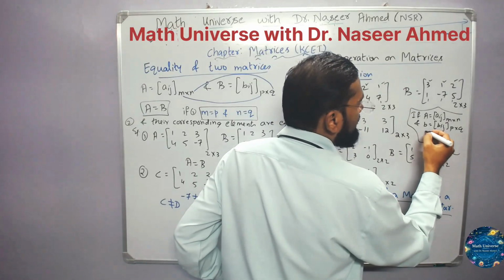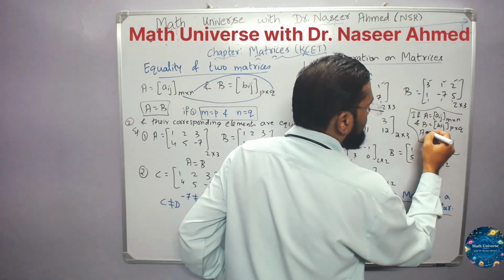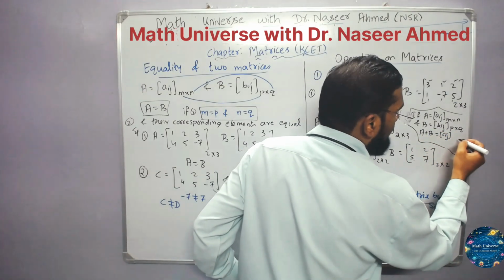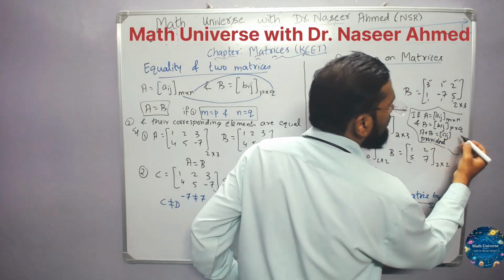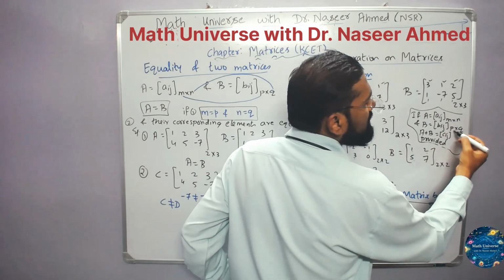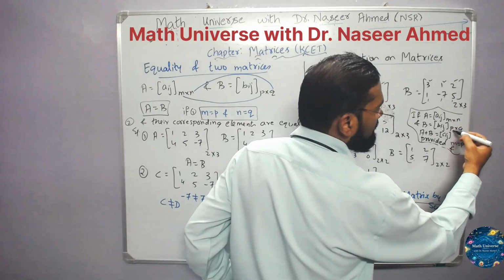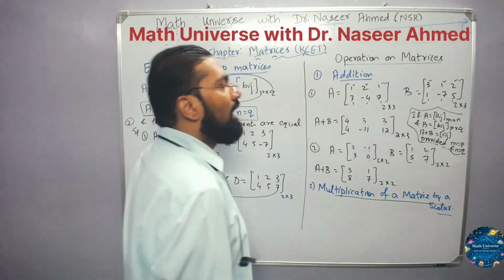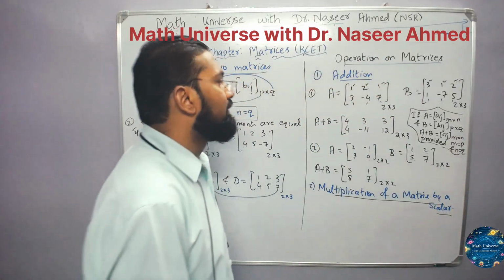For addition, A plus B is equal to some matrix C ij can happen provided the number of rows of both the matrices are equal, and the number of columns should also be the same. Only then addition is possible, and the order of this will be the same as the given matrix, either m cross n or p cross q. Fine.